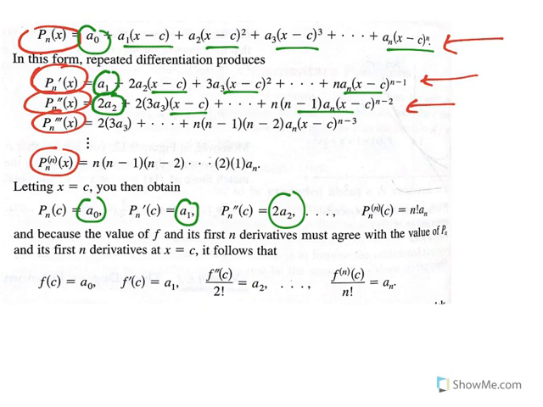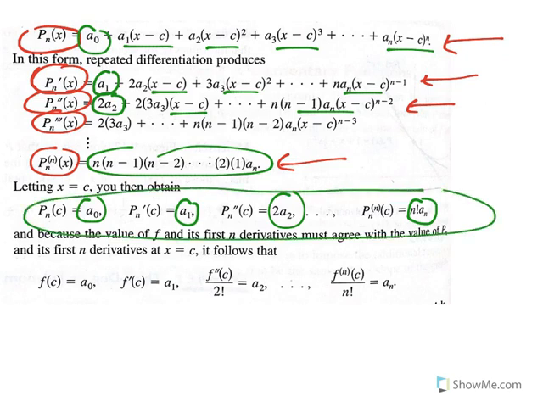And the nth derivative of p sub n evaluated at x is equal to c, there are no terms with x there, so you're just going to be left with this. That's what we write here for our function p sub n of x and its derivatives evaluated at x is equal to c. This is what we have.